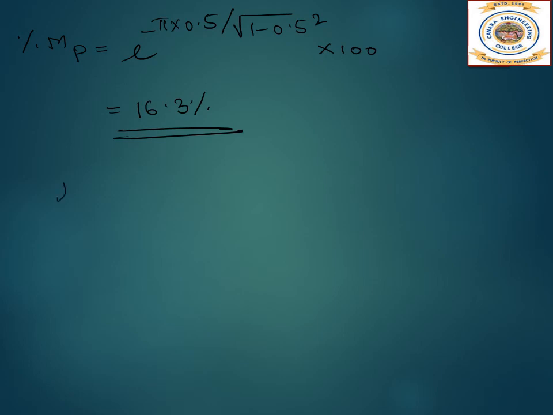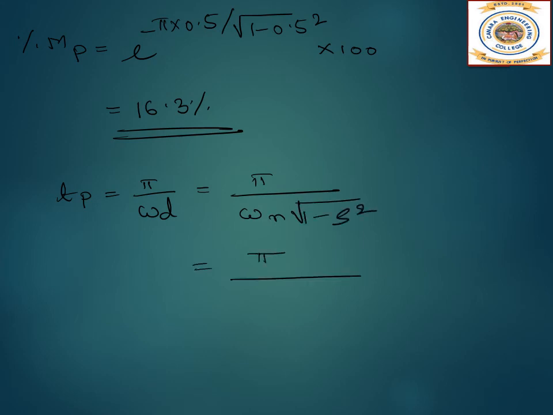Next, the peak time. Tp is equal to pi by omega d, which is pi by omega n root of 1 minus zeta square. Pi by 10 root of 1 minus 0.5 square, so we get 0.363 second.